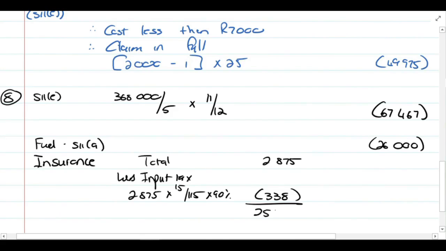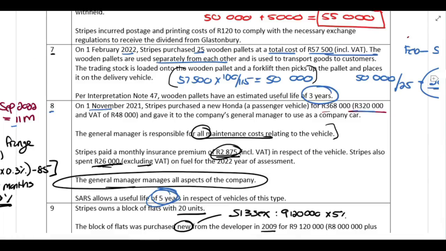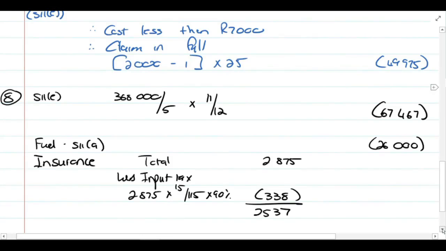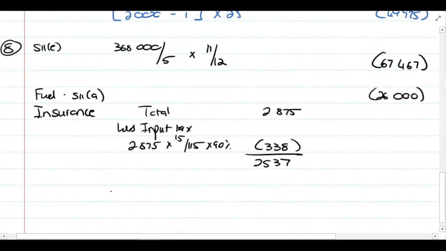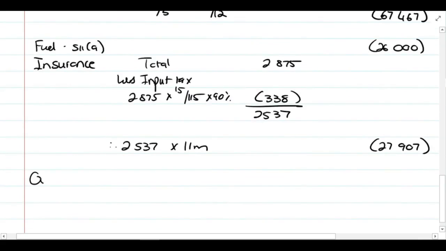So it gives us 2,537. That 2,537 is a monthly amount. So that's 2,537 times 11 months. 27,907.